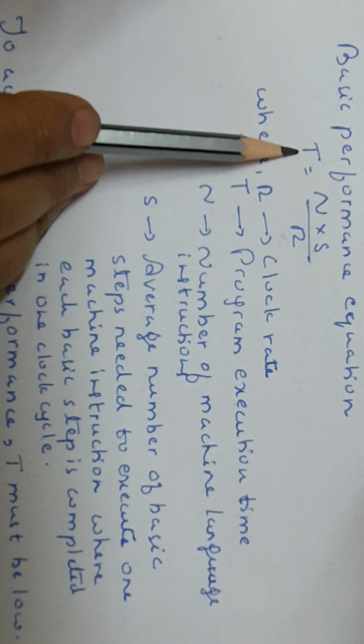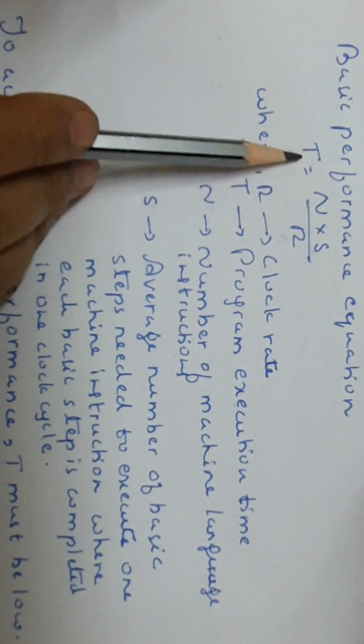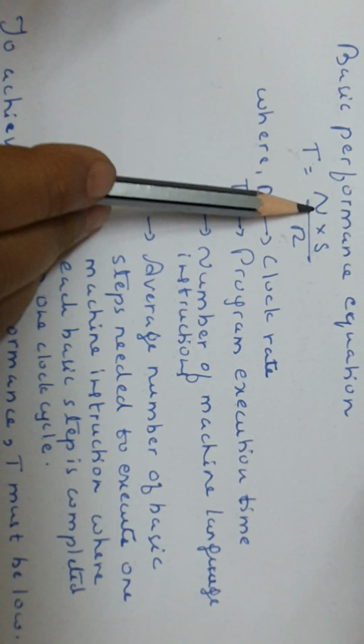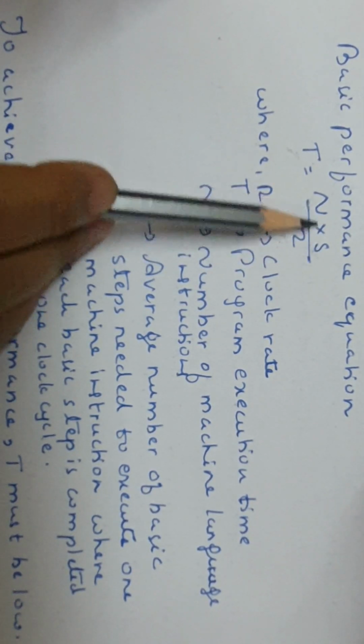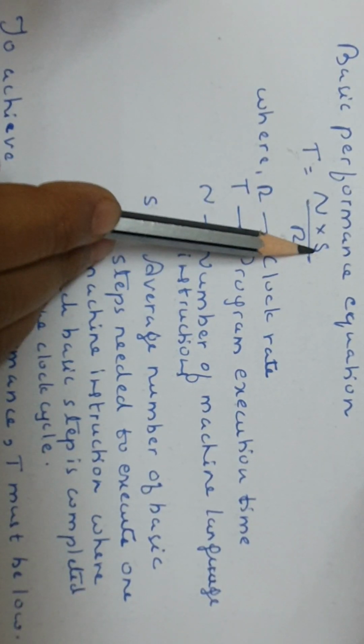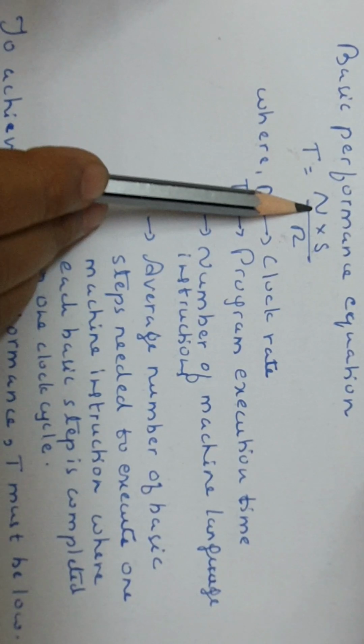But when we look at this equation, T equal to N into S, T is directly proportional to N and S. But these two are not independent. They are dependent on each other. That is why, to reduce time, we have to reduce the number of instructions in the program.